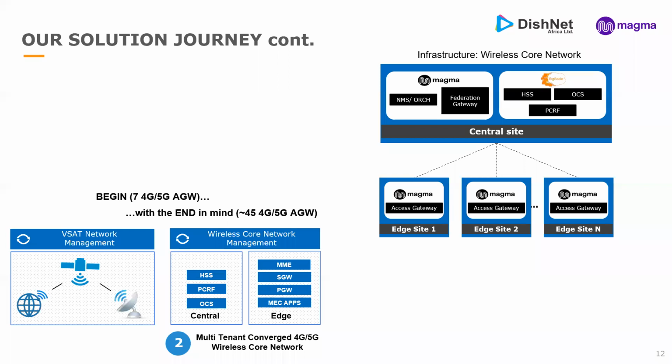So we connect the VSAT as our internet access. Then the VSAT is connected to the Magma access gateway on the edge, and we utilize the different functionalities of the access gateway, MME, S gateway, P gateway, and other applications on the edge.